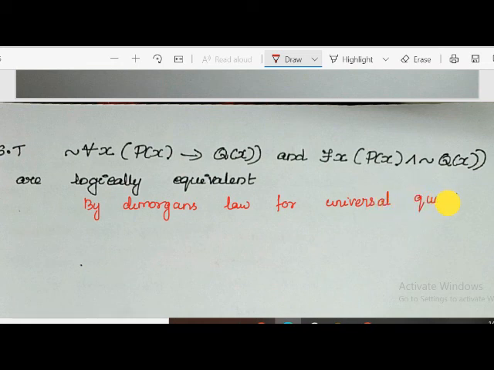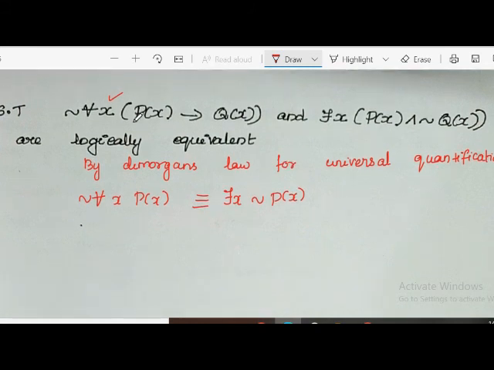I told you just now in the previous problem. The statement is: negation for all x, p of x is equivalent to there exists x negation p of x. So I am going to apply this in the first statement.